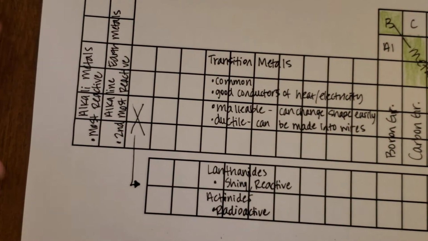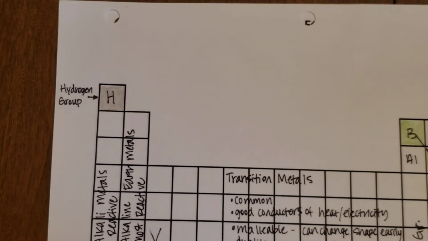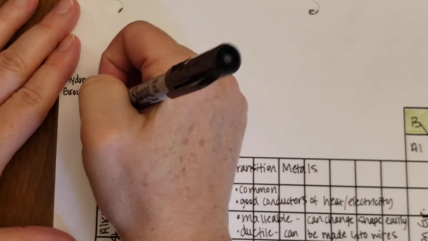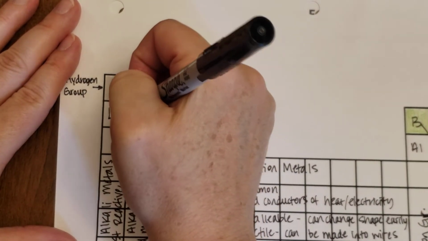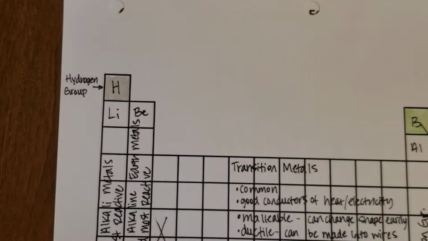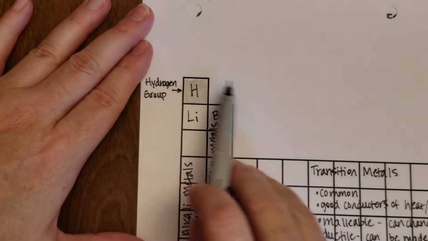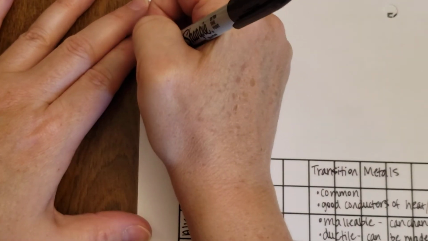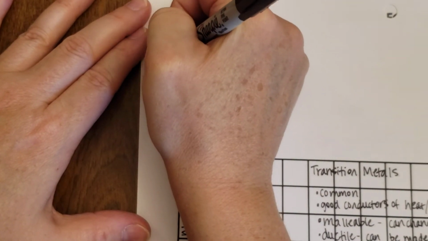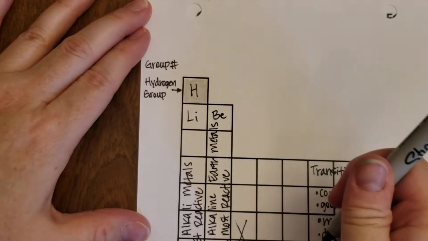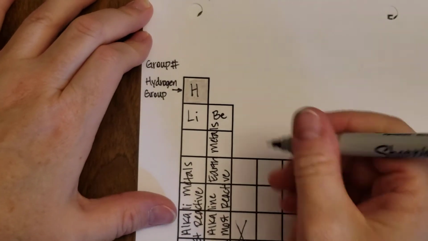Let's go across the top and let's start labeling our groups. I'm going to start back over here on the left. I'm going to fill in lithium and beryllium, just so that I know where I'm at. Okay, so the first set of numbers I make across the top is going to be the group number. I'm going to pick one color with that, so I'm going to stick with black and then I'll switch in a minute.